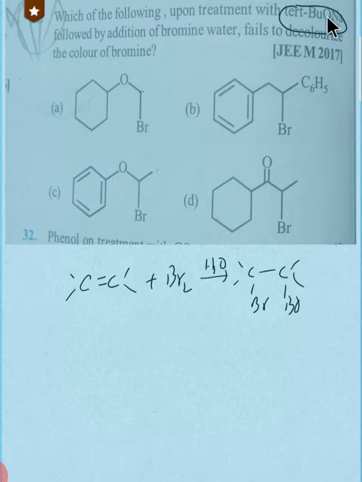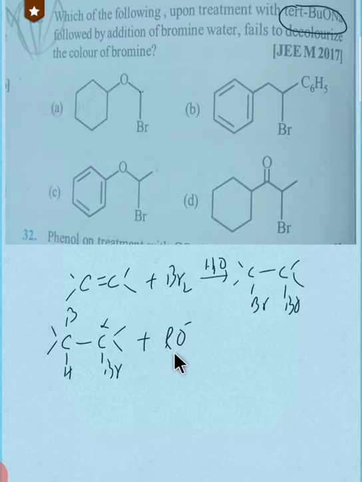Let me show the elimination by this group as an example. Suppose this is Br and this is hydrogen. This is called the alpha carbon atom, this is called the beta carbon atom, and if it is reacted with this tertiary butoxide, let me write it in the short form.